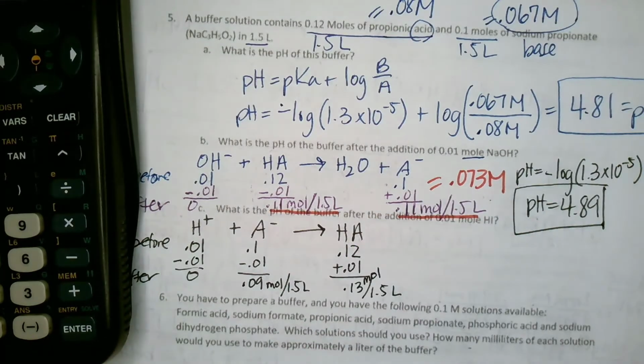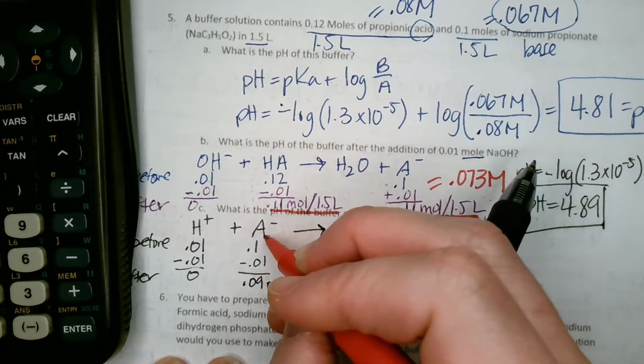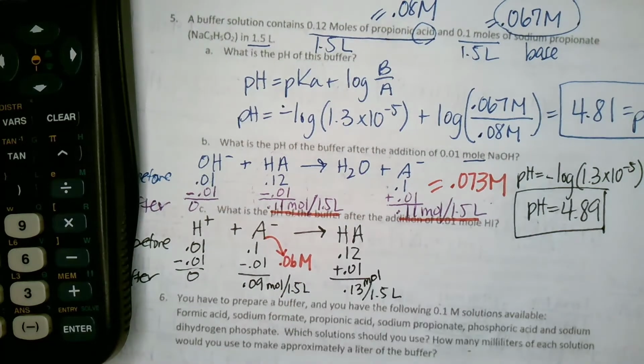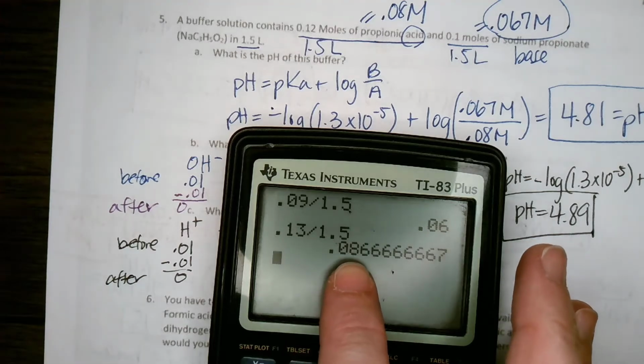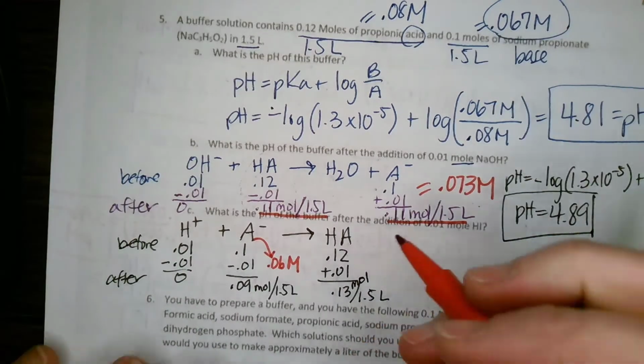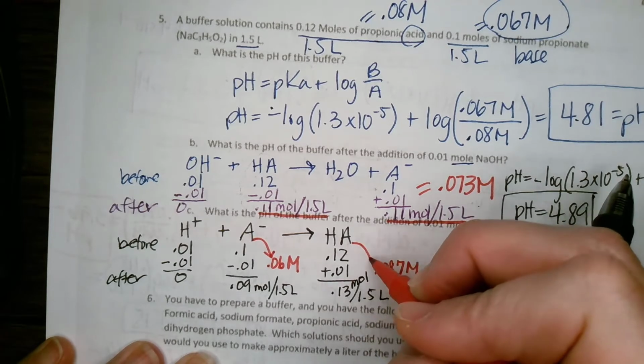I'm going to write that in right here. 0.06 molar, that's for my conjugate base, and 0.13 divided by 1.5, 0.087, let's write that, 0.087 for my acid.